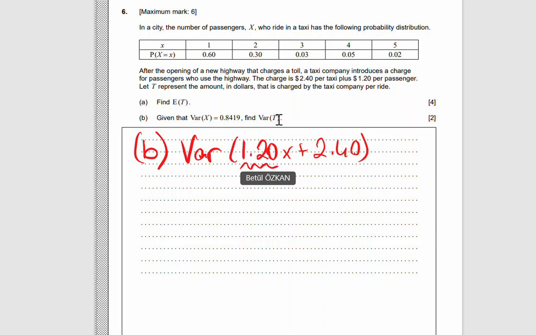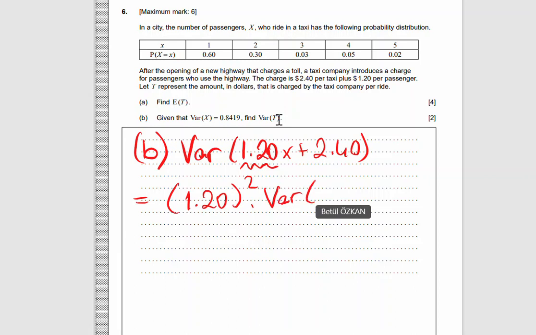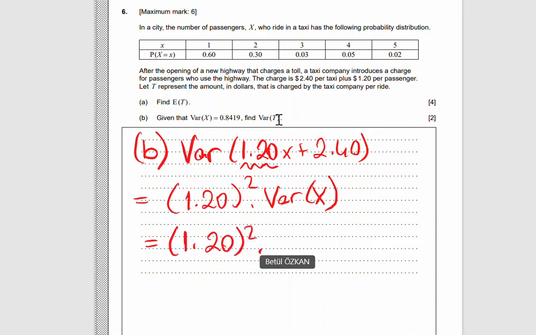If you want to take it outside, we just take its square, from the relation between standard deviation and variance. So our new expression will be 1.20 squared times variance of x, which is already given in the question, and then we just write 1.20 squared times 0.8419. This will be our answer directly.